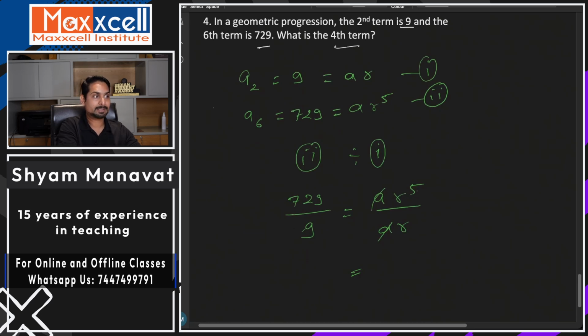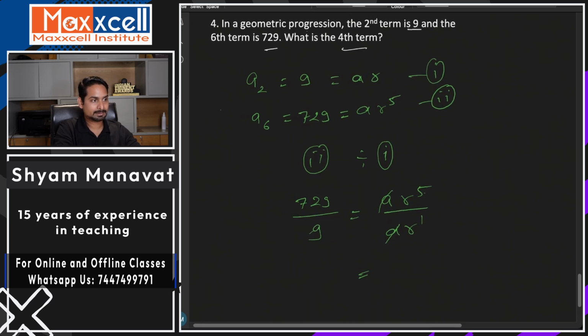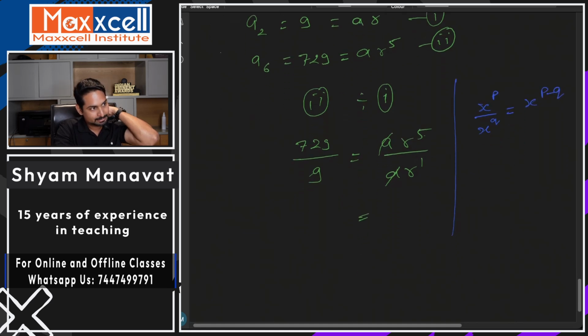Apply the indices property again. Remember, x raised to p by x raised to q gets you x raised to p minus q, right? So this way you will get r raised to 4. Now if you divide 729 by 9, this is 81. Now r raised to 4 equal to 81. So what should be the value of r? Of course, 3. That's the value of r, right?